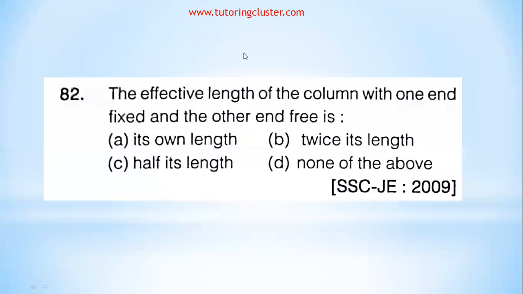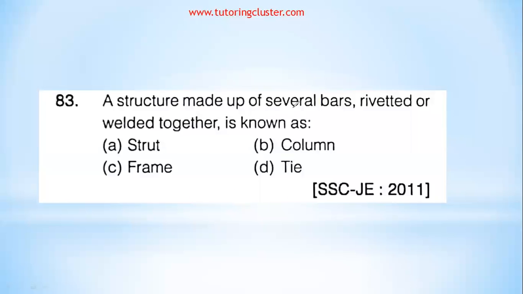82. The effective length of a column with one end fixed and other end free is? Okay, it is equal to twice the length. If one end is fixed, other end is free, equivalent length is 2 times L. Next, a structure made up of several bars riveted and welded together is known as?